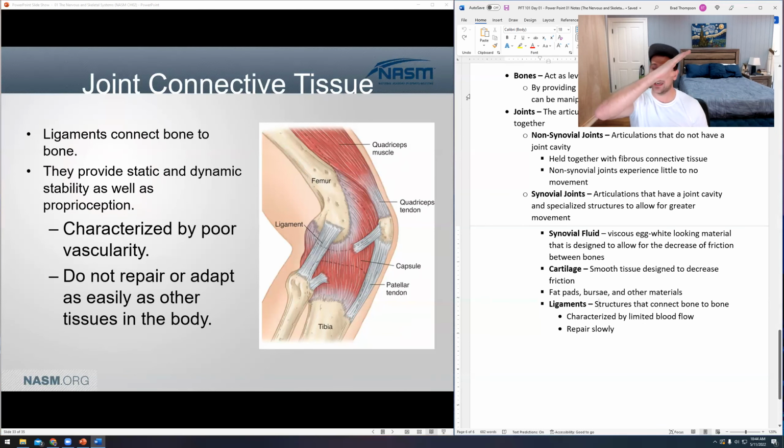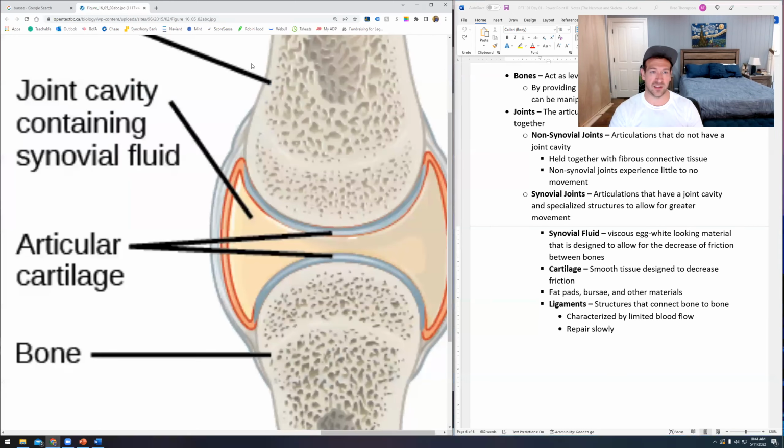Again, that kind of crosses at an angle like this. You get your PCL, which crosses like that, right? And so they both make this X, and it attaches your femur to your tibia. And then you got this one right here, that's your LCL, that's your lateral collateral ligament. On the other side, you'd have your medial collateral ligament. And so that creates all the structures in the knee.